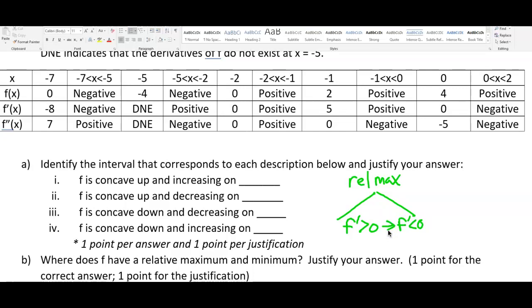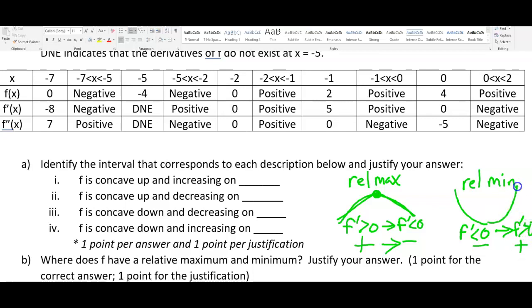So when your function's slope goes from a positive slope to a negative slope, you end up with a relative max. So if I'm going from positive slope to negative slope, that's a relative max. Relative min is the opposite. If you're going from a negative slope to a positive slope, you end up with a relative minimum.